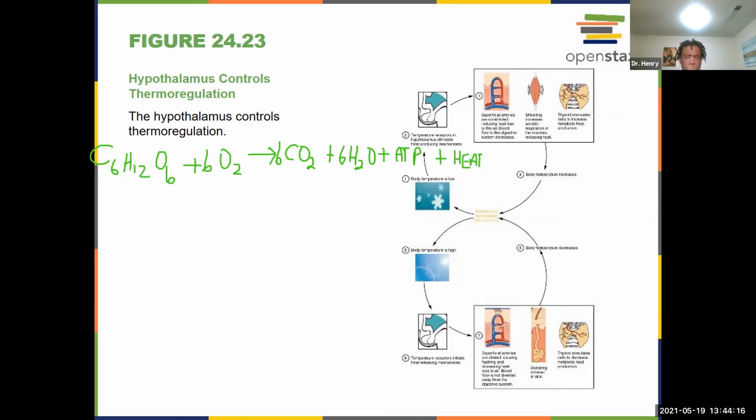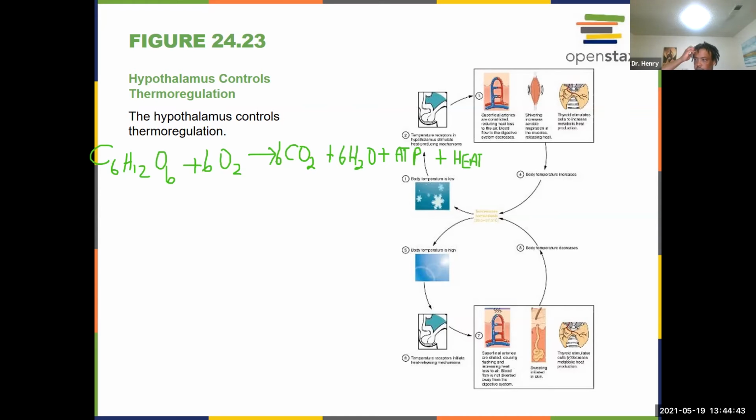So you start to sweat, you're steaming up and all that stuff, right? So blood is going to get diverted away from the digestive system. And so you're also going to start sweating.